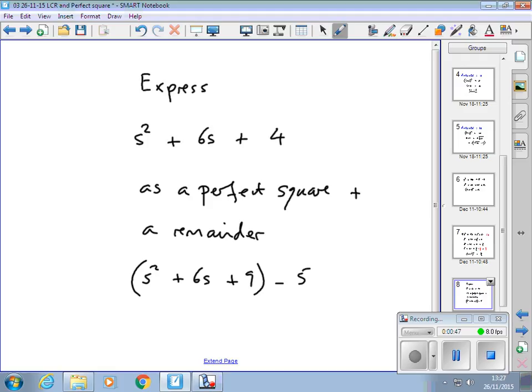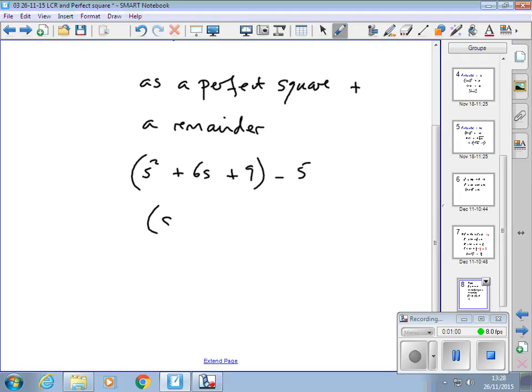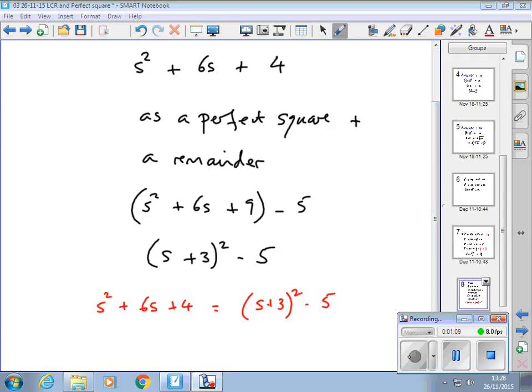And then I've re-expressed it as a perfect square and a remainder. So I can write it as s plus 3 all squared minus 5. So we can write this as this.